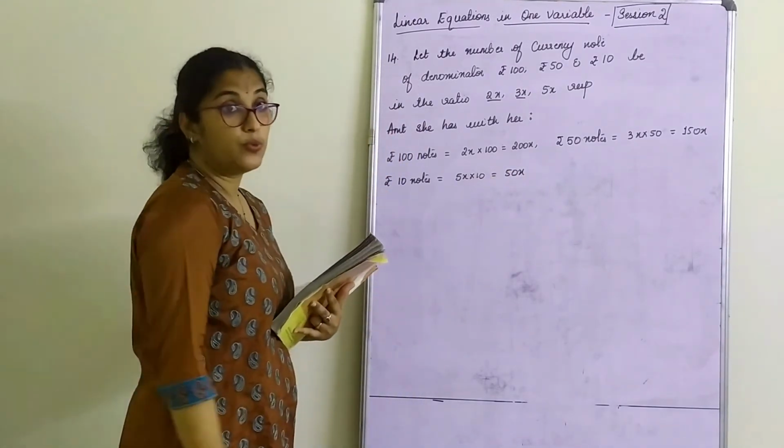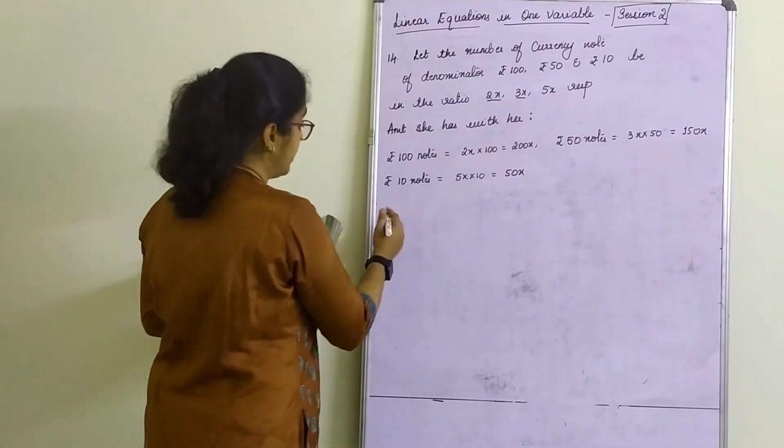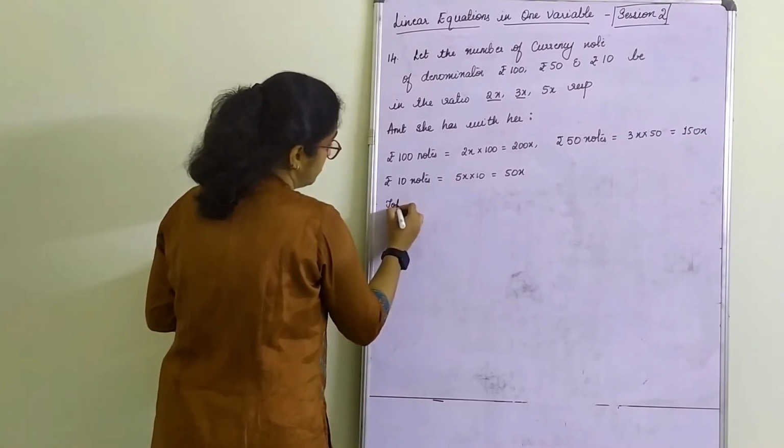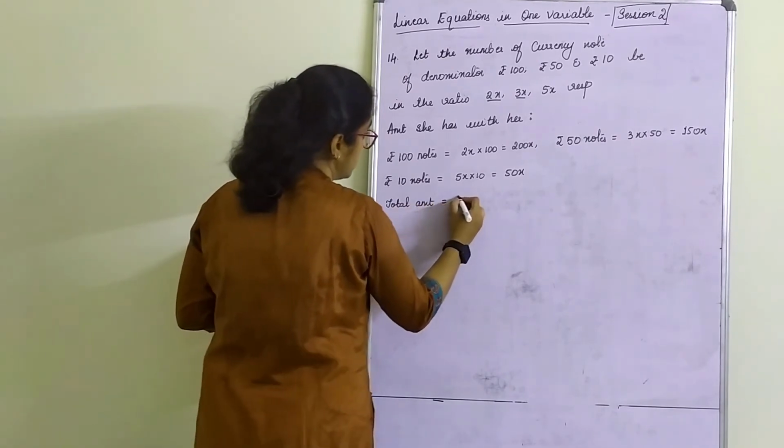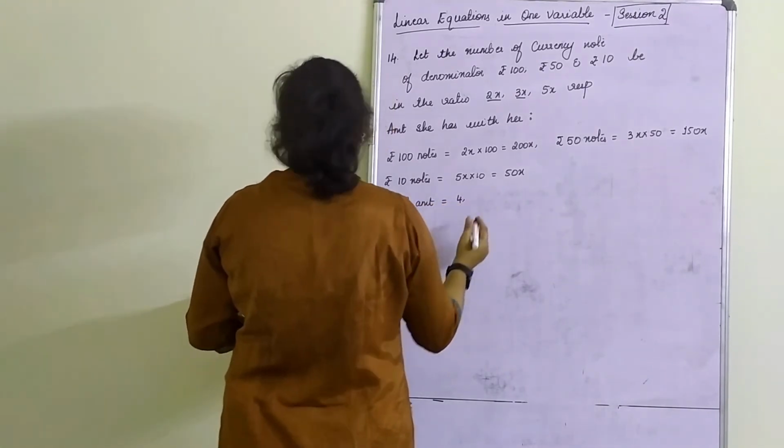Total money with Lakshmi is how much? 4 lakh. Total amount is equal to 4 lakhs.